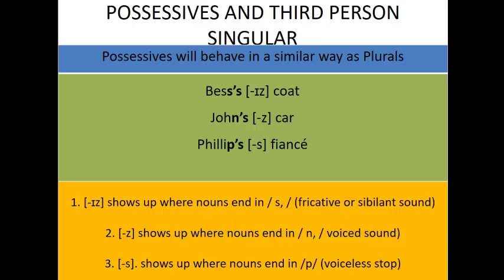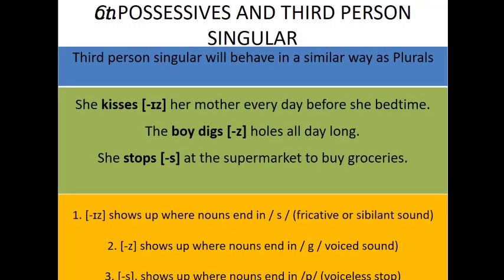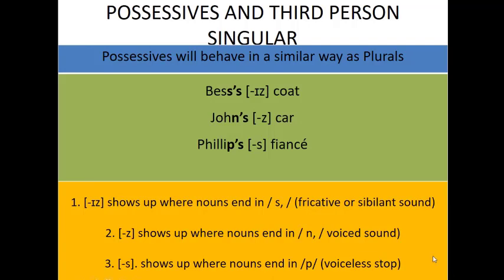I just want us to be careful that we do not just use the examples used in the illustration here. Any other name or noun that ends in a fricative, as in the example given here, will have the iz sound. The s morpheme will sound as iz at the end.